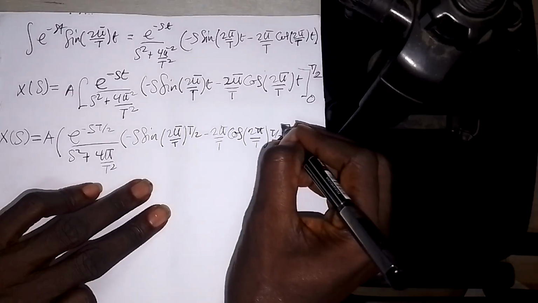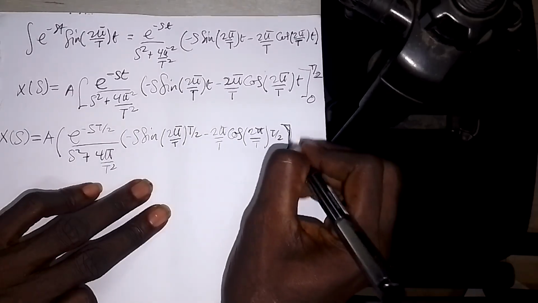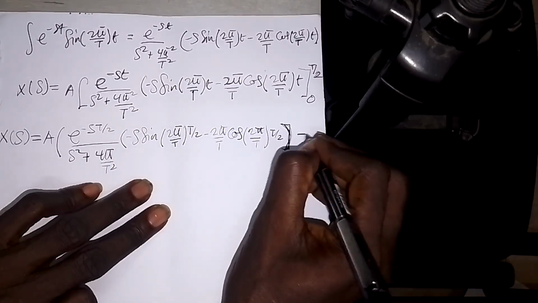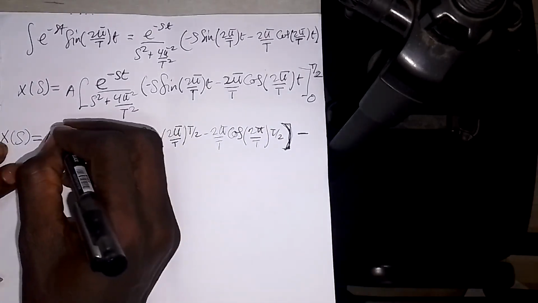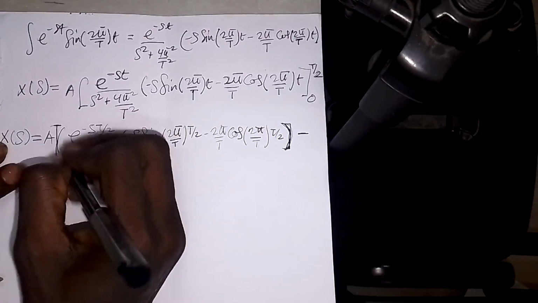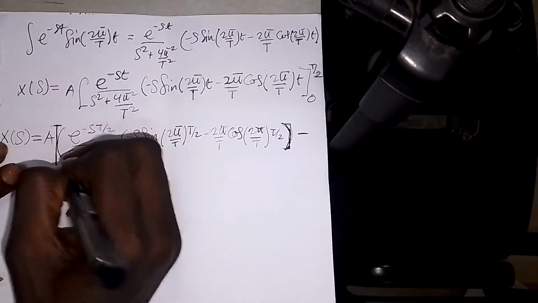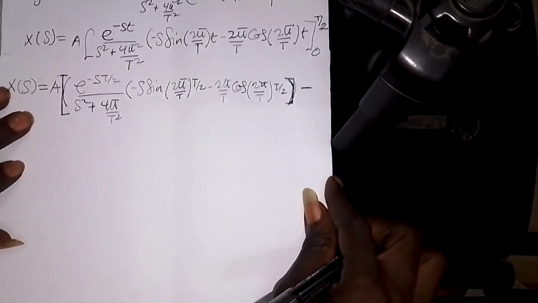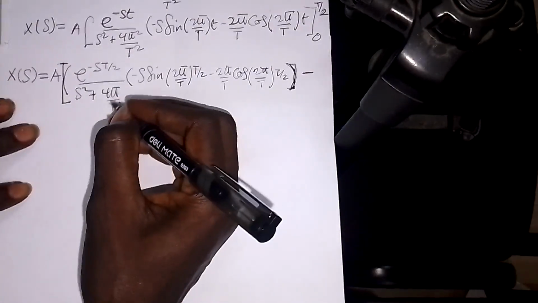Let me write it this way. This will be for the upper limit, minus the lower limit. The lower limit is 0.